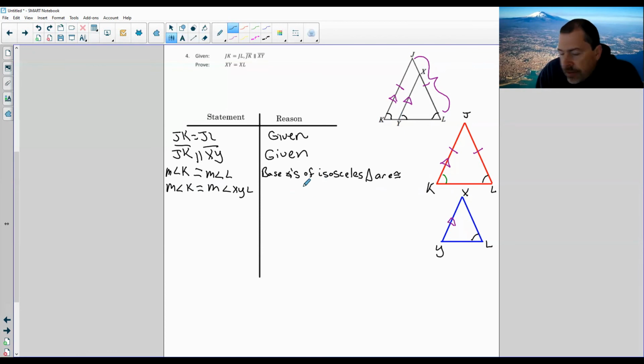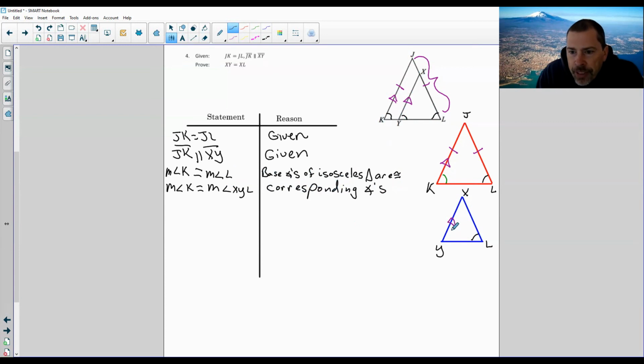And the reason for that is we have two parallel lines and a transversal. These are corresponding angles. So I'm just going to say corresponding angles are congruent. I'm being a little short here. What you could say is when you have parallel lines cut by a transversal, corresponding angles are congruent. I'm just simply stating that they're corresponding angles. So, all right, that's that.